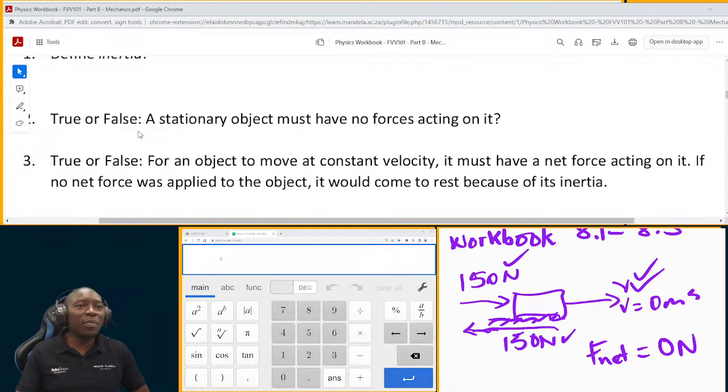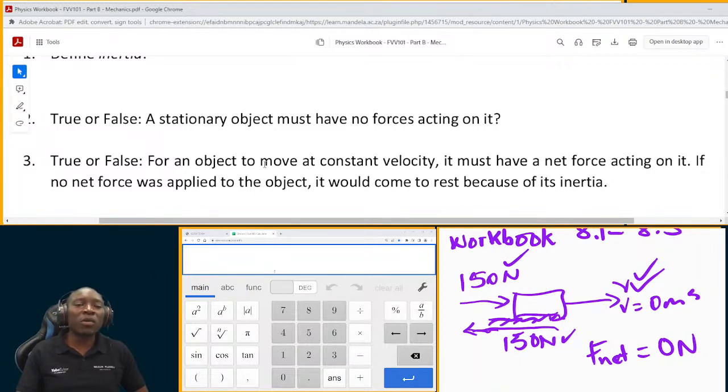It can be balanced and also moving at constant velocity. So take note of that concept. The idea of balancing forces is just saying there is no net force, meaning there is no acceleration, which is a result of the second law. So if no net force, no acceleration.